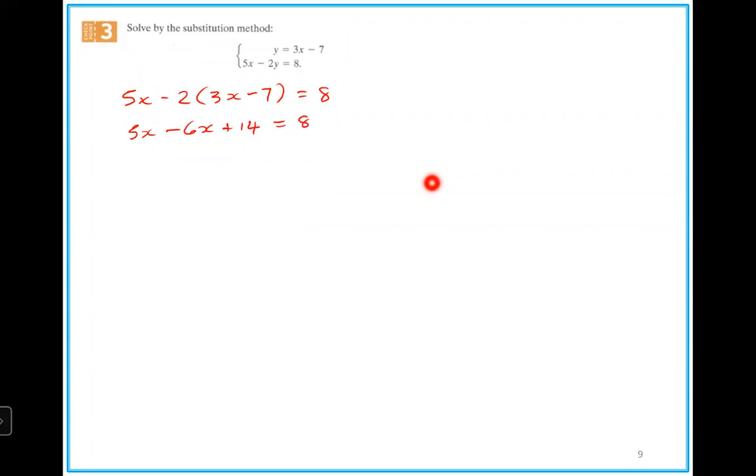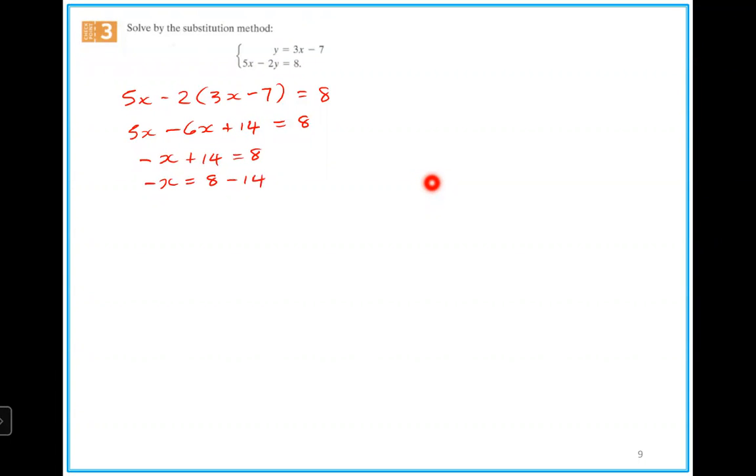So then that'll be -1x, negative x, plus 14 equals 8. And then we would say negative x is equal to 8 minus 14.